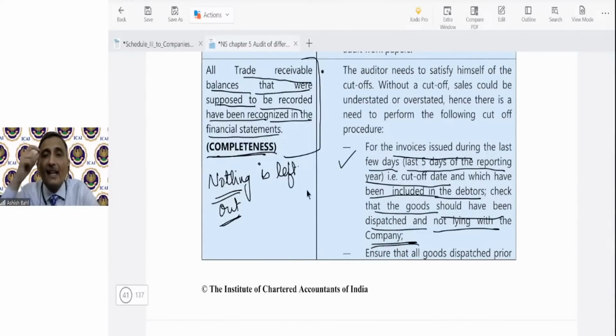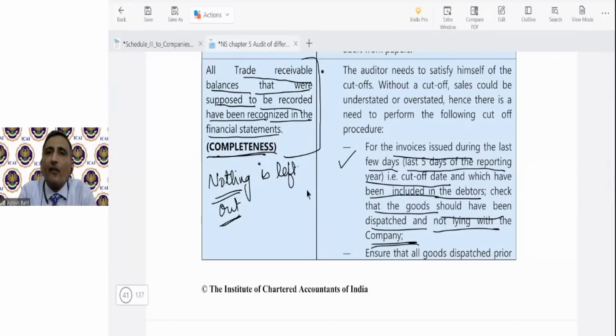So students, that is very important, that for those goods for which invoices have been raised, obviously when invoice has been raised, then the company would be booking this item as a sales.